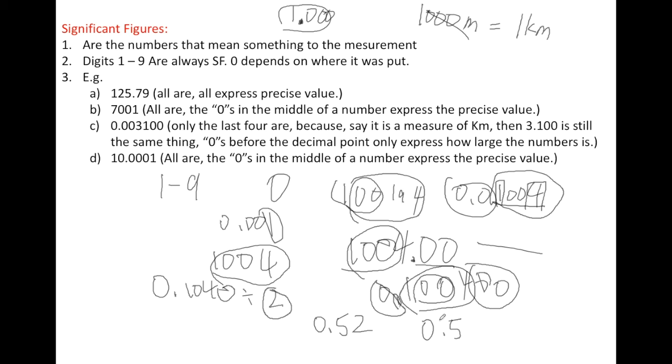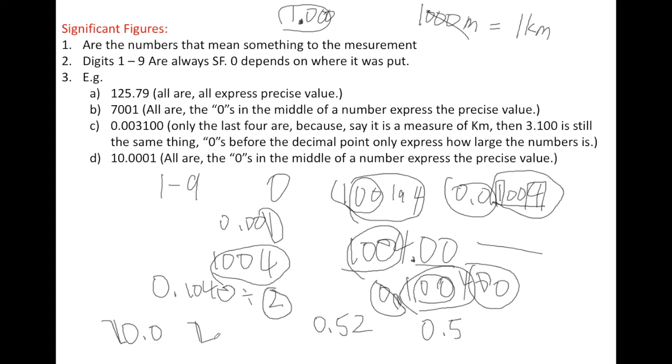Another way to get rid of significant figures is, for example, if I have 10.0. We've got 3 significant figures, but we only want one significant figure. So actually let me just do 2 here.